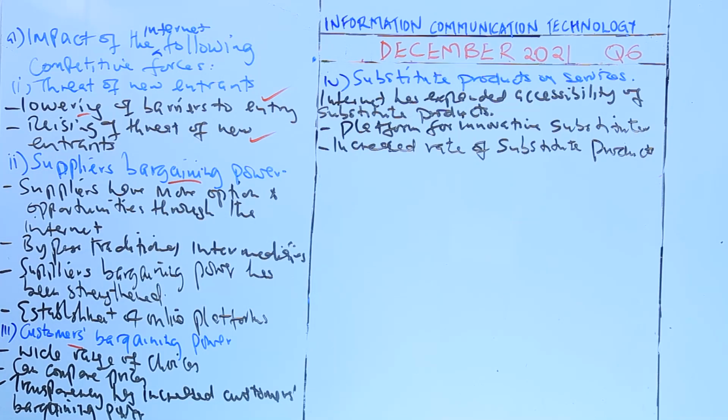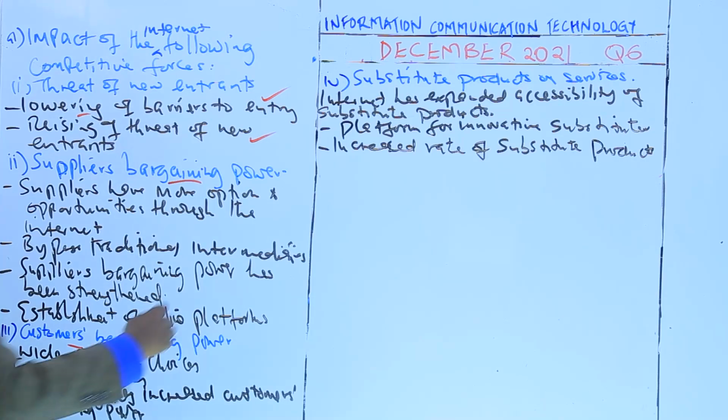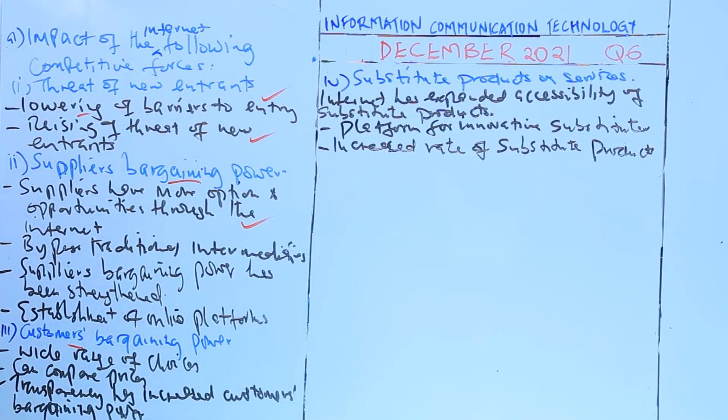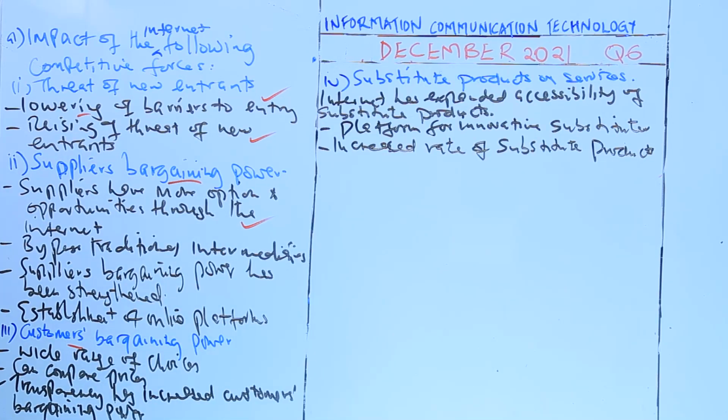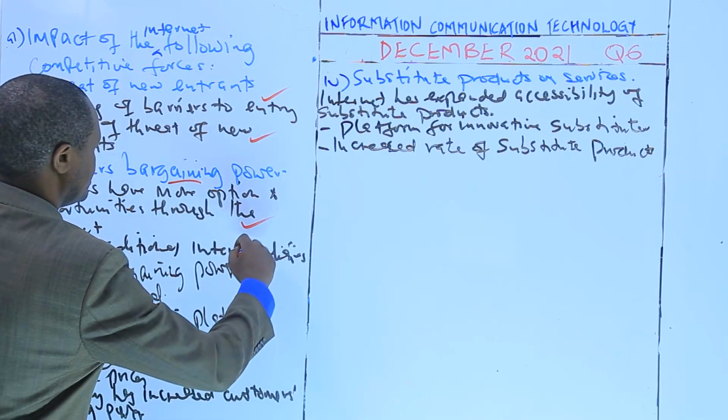We've seen suppliers have more options and opportunities through the internet. We also discussed how suppliers can bypass the traditional intermediaries. Suppliers today have more bargaining power. The bargaining power of suppliers has been strengthened. Suppliers are able now to establish online presence and platforms.